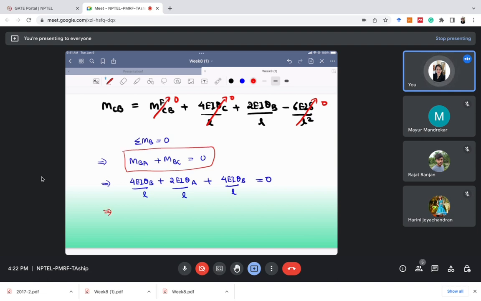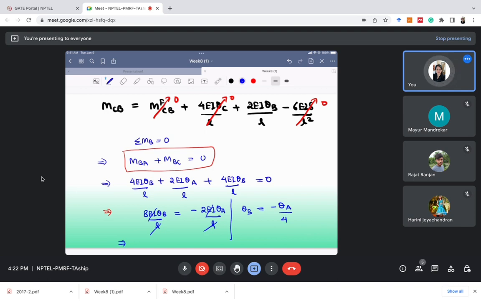We know theta A here, and the only unknown term is theta B. So we can solve it as 8EI theta B over L is equal to minus 2EI theta A over L. So solving it, we can write theta B equal to minus theta A by 4.